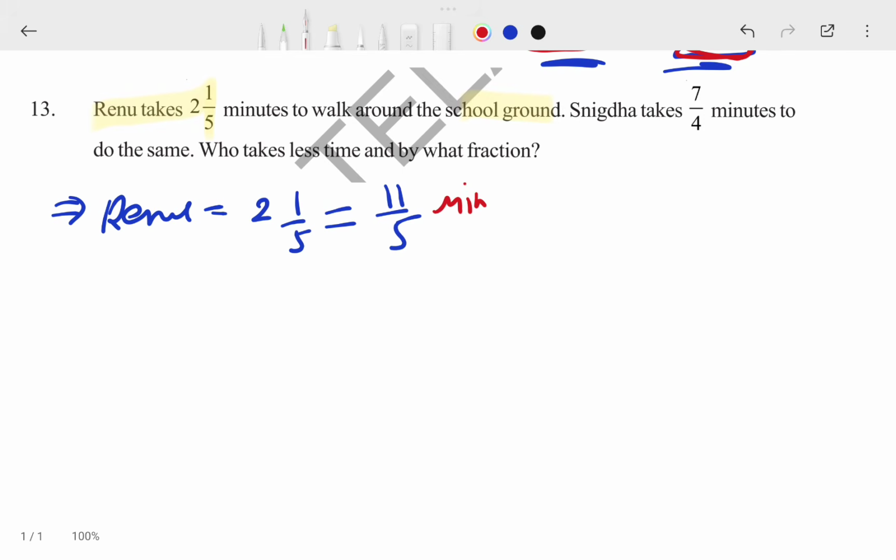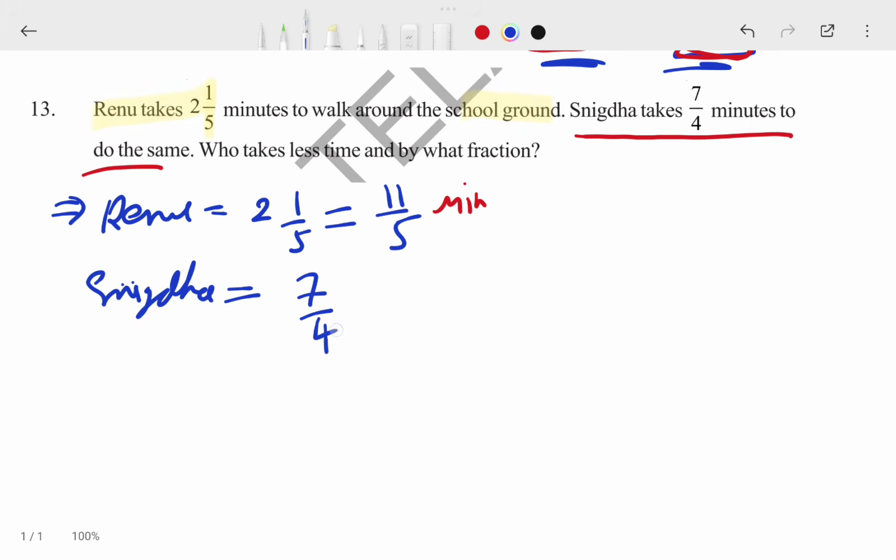And then Sindhana. Sindhana takes 7 by 4 minutes, the same way. So Renu takes 11 by 5 minutes, which we converted into a fraction, and Sindhana takes 7 by 4 minutes.